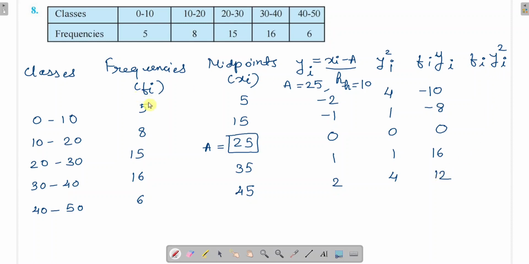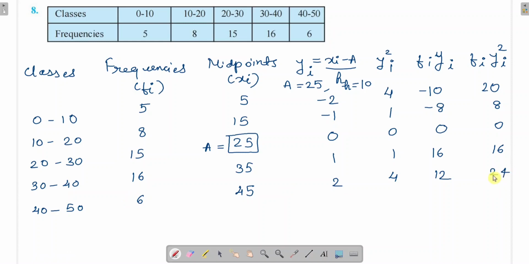Now fi yi square: 5 times 4 is 20, then 8 times 1 is 8, then 15 times 0 is 0, 16 times 1 is 16, and 6 times 4 is 24.